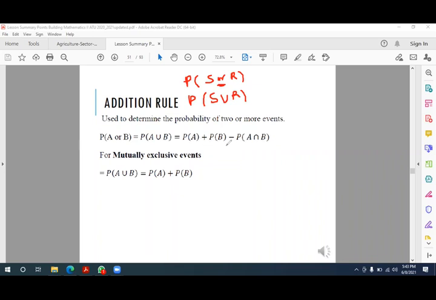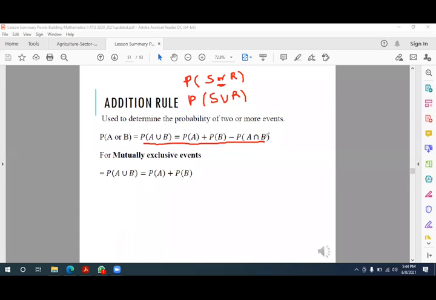P of A plus P of B minus P of A intersection B. Okay, good. So this is the general addition rule. But there are situations where we cannot have A and B occurring at the same time.